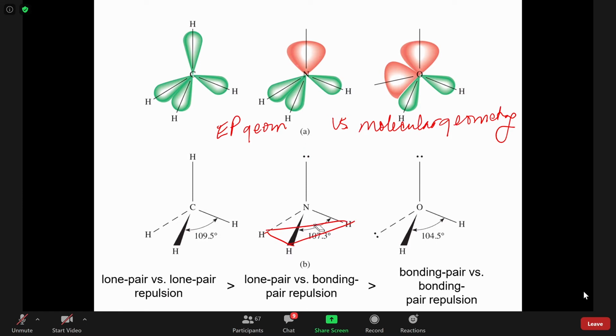Anyway, I'm trying to draw a tetrahedron, not having a lot of success here. What if we were just to consider the geometry of our molecule to be this? That looks like a different shape, right, than the tetrahedron itself.